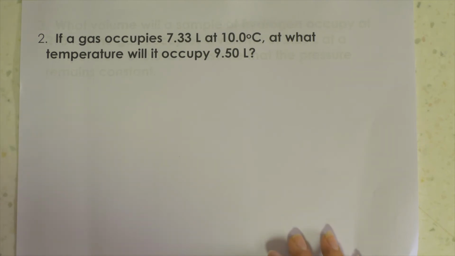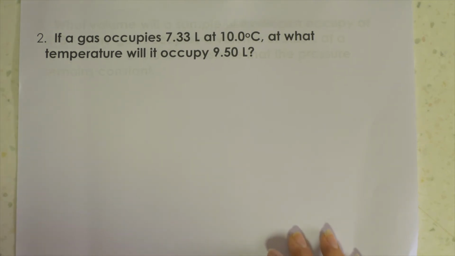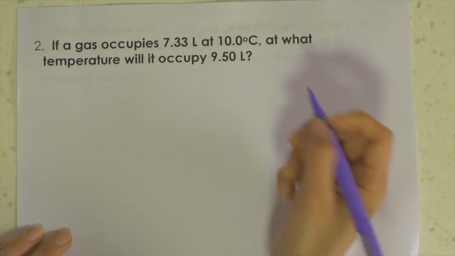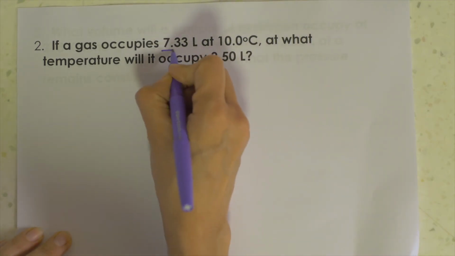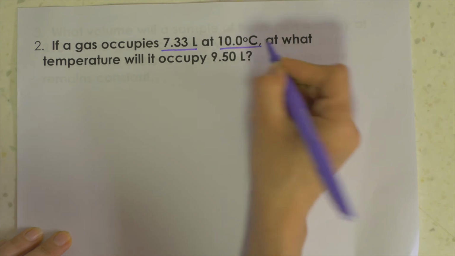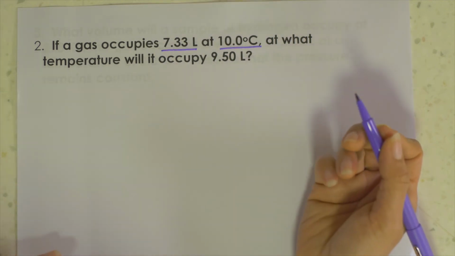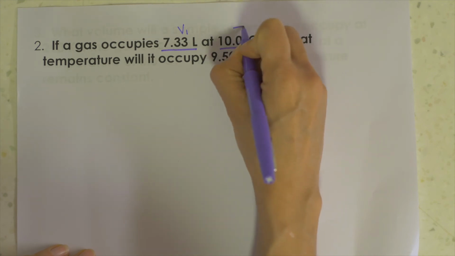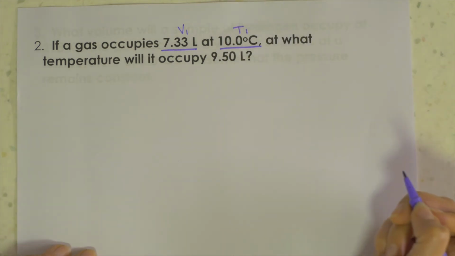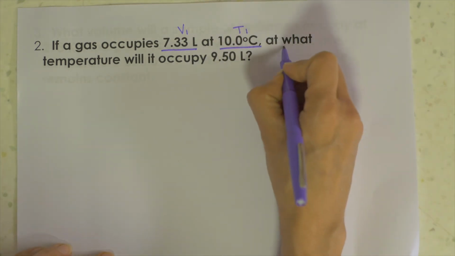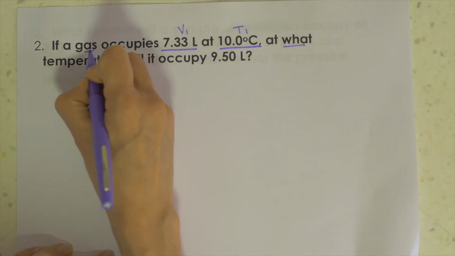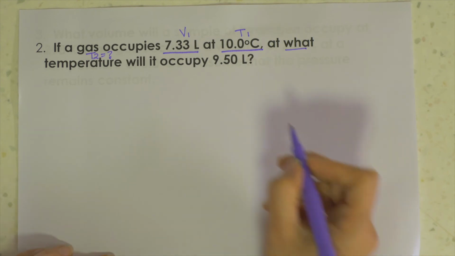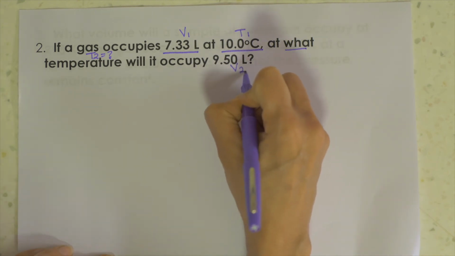All right, if a gas occupies 7.33 liters at 10.0 degrees Celsius, you can see already we're getting some of this information, underline the numbers, identify what they are. This is going to be your V1, and this is going to be your T1. And then at what, here's my question word, what temperature, so I've already identified my missing piece, will occupy, and here's my V2.